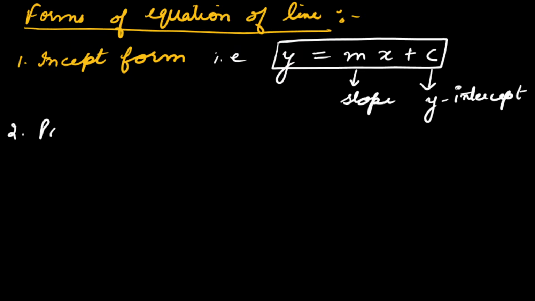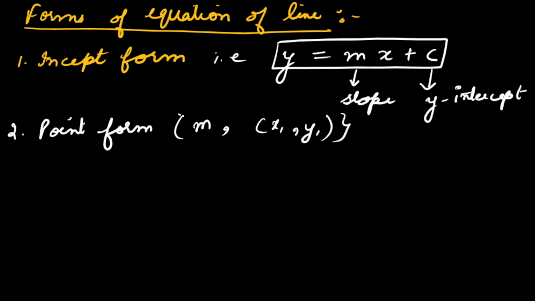The second one is point form. When we know m and one of the coordinates (x1, y1), at that time we will use point form. Point form is y minus y1 is equal to m into x minus x1.